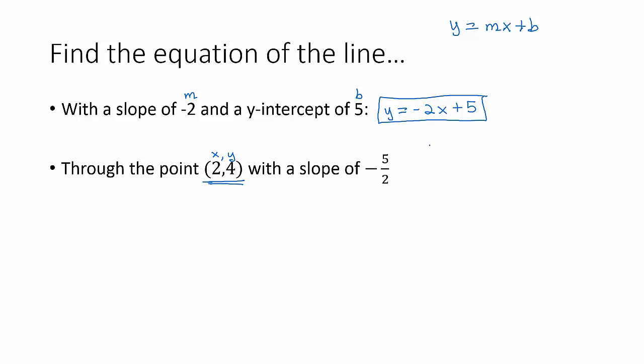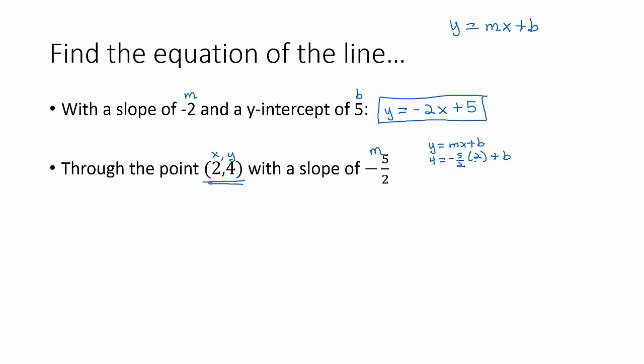Remember, the formula is y equals mx plus b. We know the slope is -5/2, so let's plug in what we know and find what we don't know. Y, we know, is 4, equals m, the slope, -5/2, times x, which is 2, plus b.